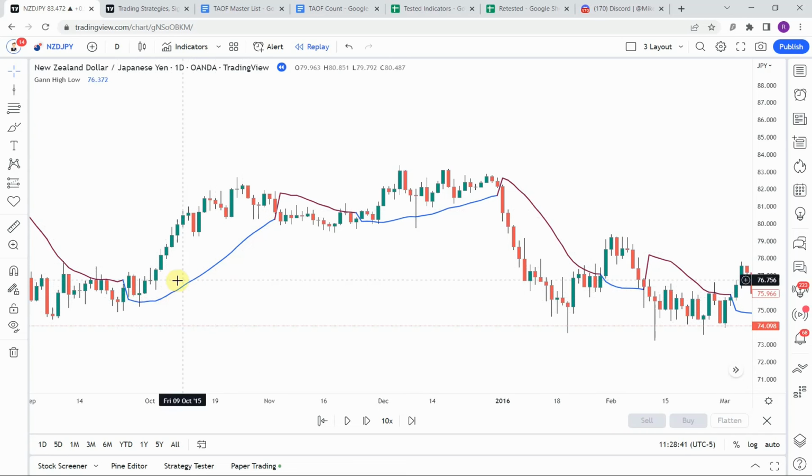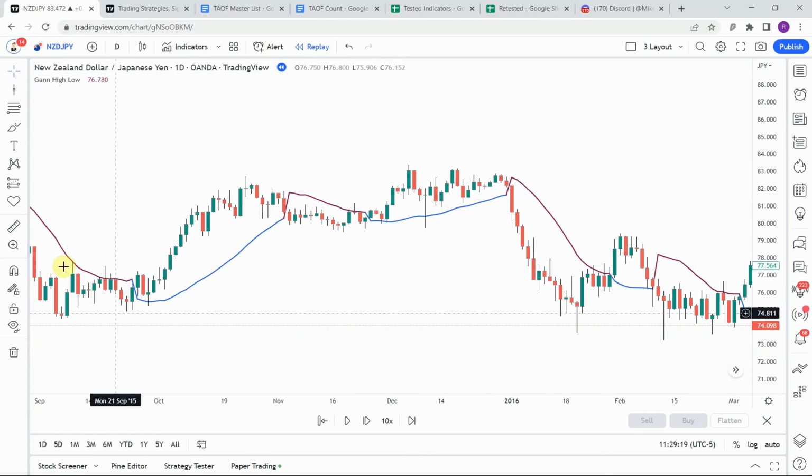The line's below the price action in this case, and it is in the blue color. And then when price action is in a downtrend, or supposed to be in a downtrend, I guess I should say, then the indicator is above the price action. So it jumps from below to above price action. In this particular case, it changes colors from the blue to a dark maroon brownish color.